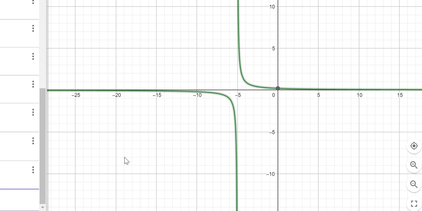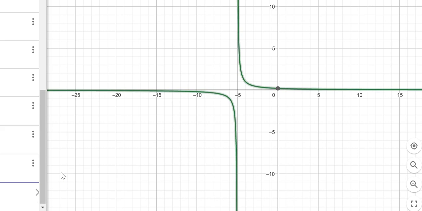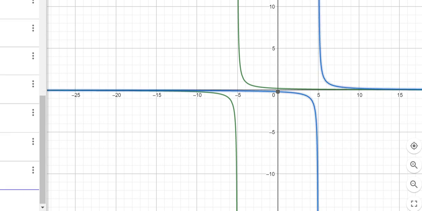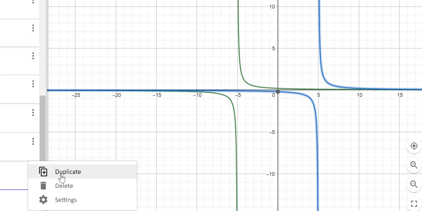Okay, minus 5 in this case. What will happen if I duplicate this, and instead of having plus 5, I have minus 5? We see? It moves to the other side. It translates.